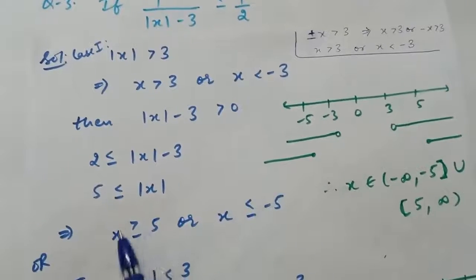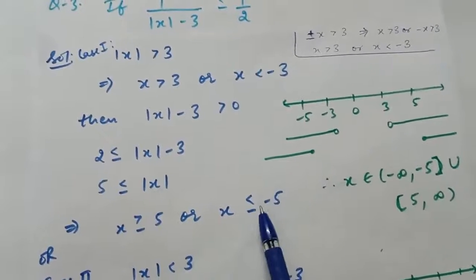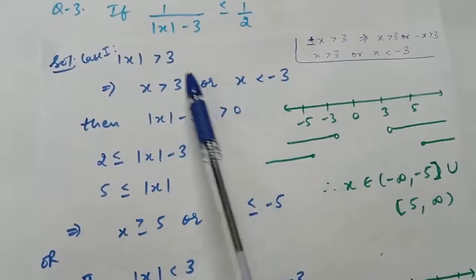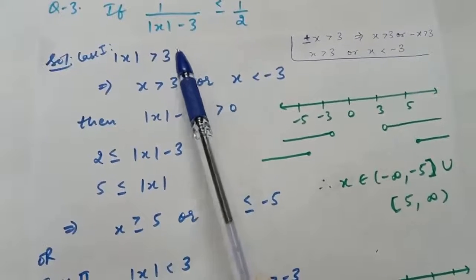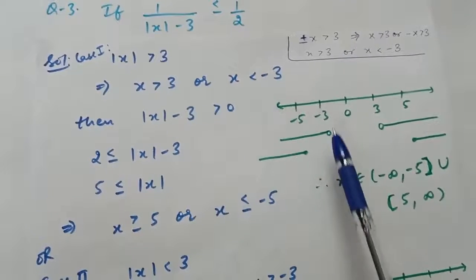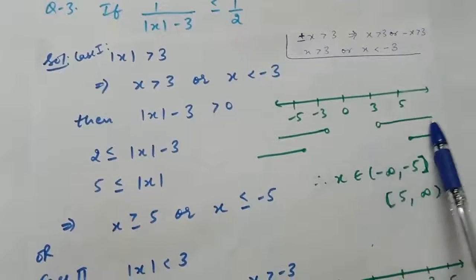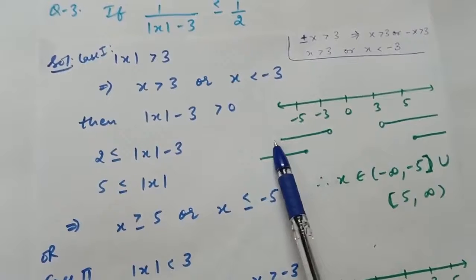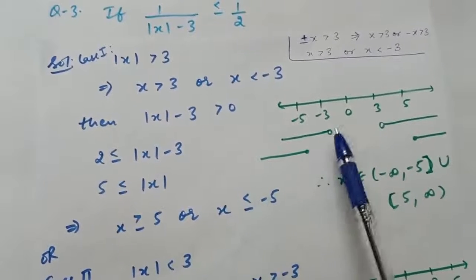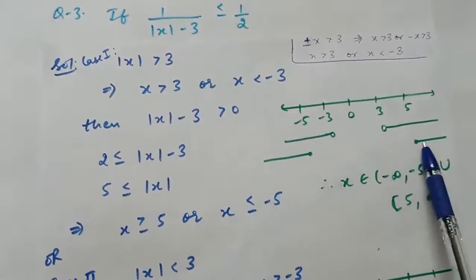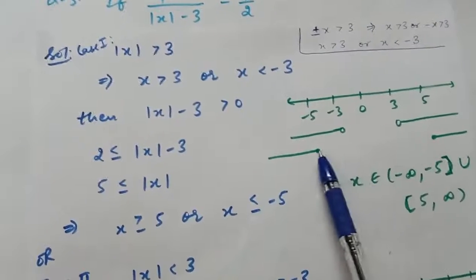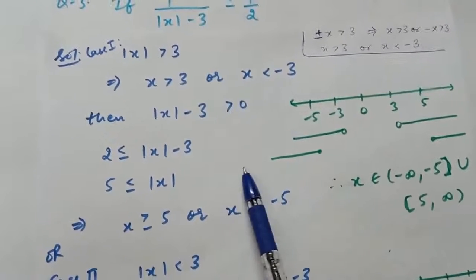Now see, this is the answer, but we want this answer to be in this range, because we have taken the case modulus of x is greater than 3, which means x is either greater than 3 or less than minus 3. So we want our answer in this range only, right? So the answer is x greater than or equal to 5 or less than or equal to minus 5.